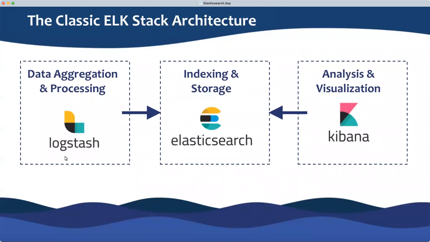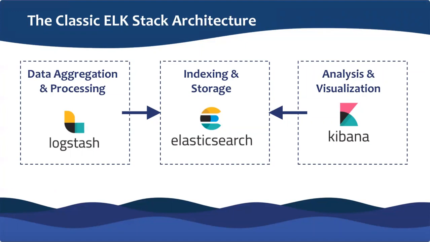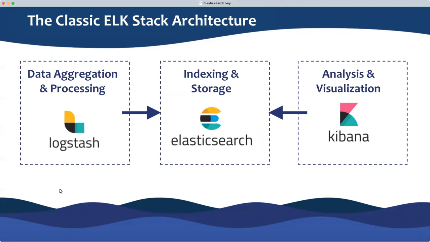So Logstash is a tool which is used for data aggregation and processing. So we have data coming from a lot of different sources, like each application that is running, each server that is running, each process that is running. They're all generating logs, and we might have hundreds or millions of such log entries depending on how big our application is and how widespread it is.